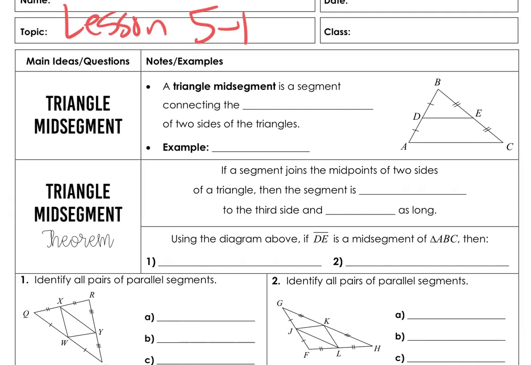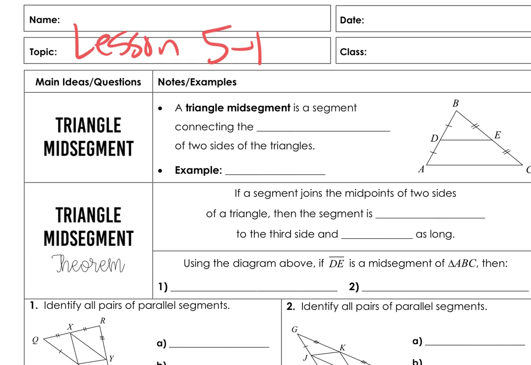So a triangle mid-segment is a segment connecting the midpoints, hence the name mid-segment, of two sides of triangles. An example in the diagram we have over to the right would be segment DE is my mid-segment. If you notice, DE connects the midpoints.